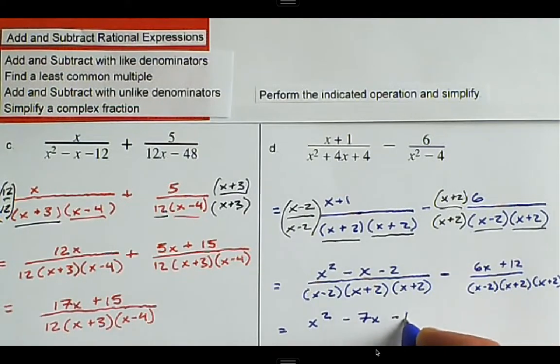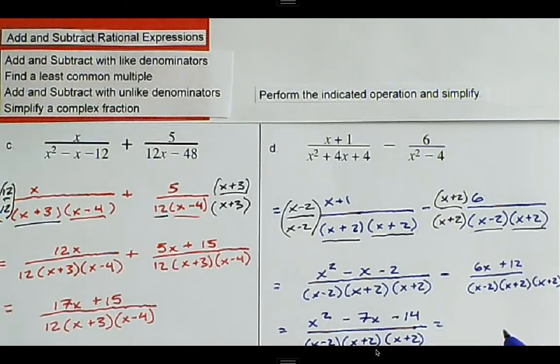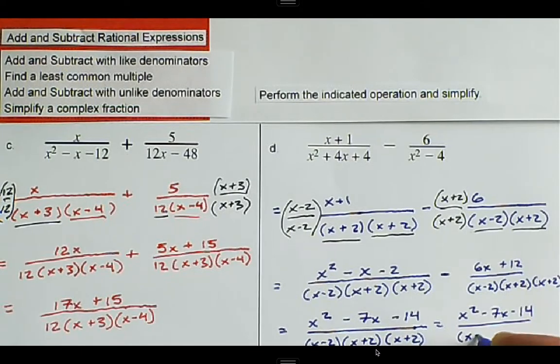So that's going to be negative 14. And then our denominator is going to be the same. And we can write this one more time because we can square this denominator, and we can get x squared minus 7x minus 14 over x minus 2 times x plus 2 squared.